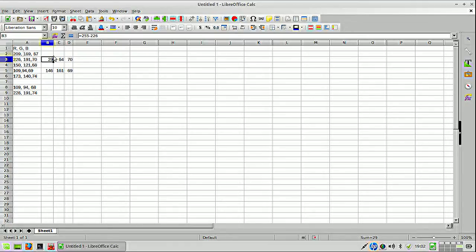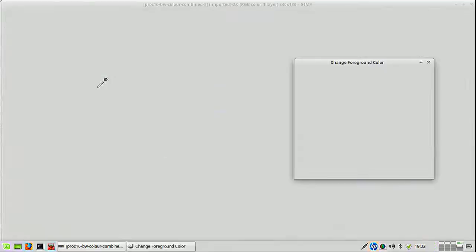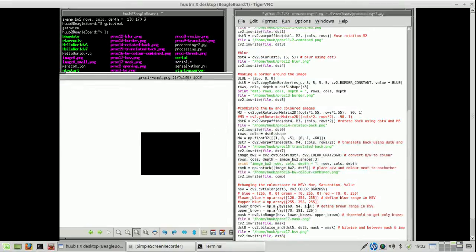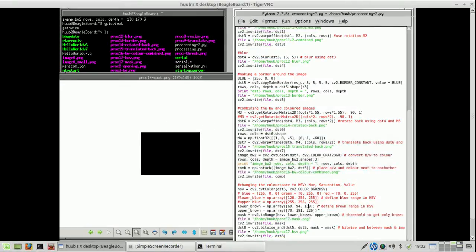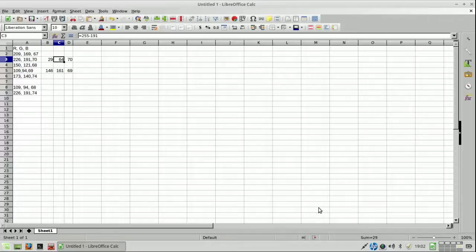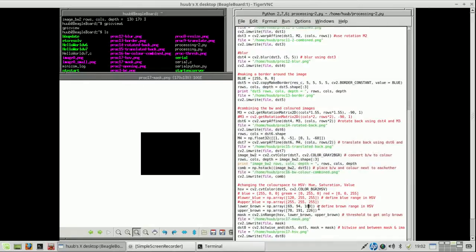So maybe this will help, and this is RGB, so I have to reverse the numbers. So 7 and 69 stay the same. 70 and 69, which means that this becomes 64.